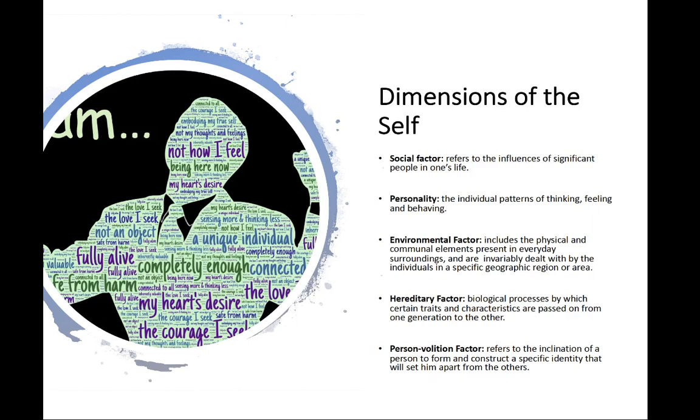Now, talking about the social factor, these are the characteristics that were acquired from the influences of the social groups during the formative years that are also integrated to form one's identity or uniqueness and similarities with others.